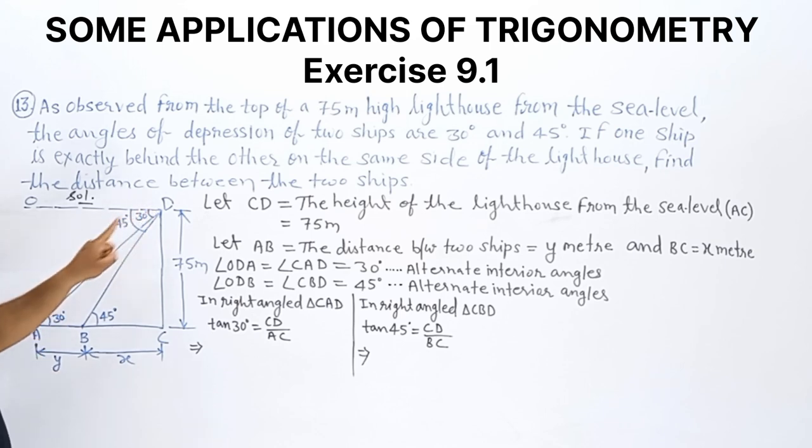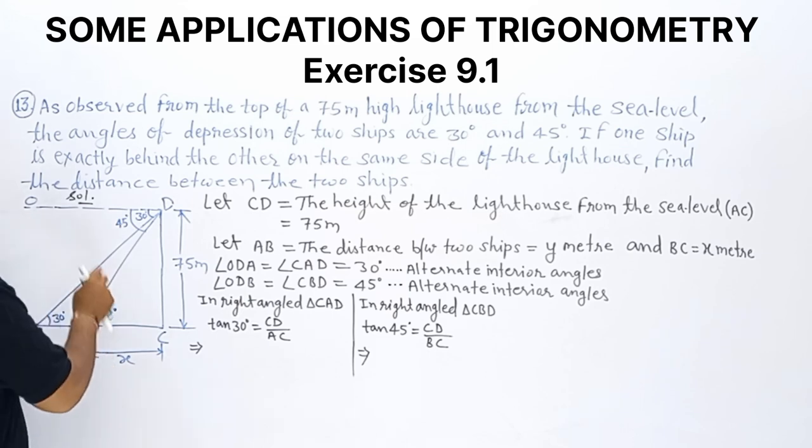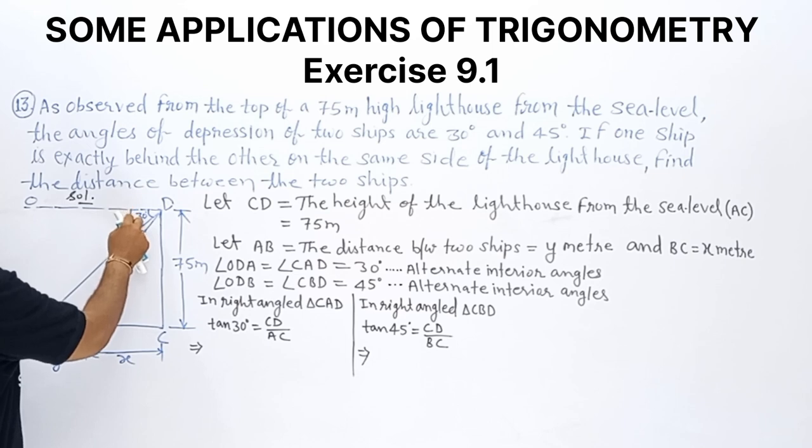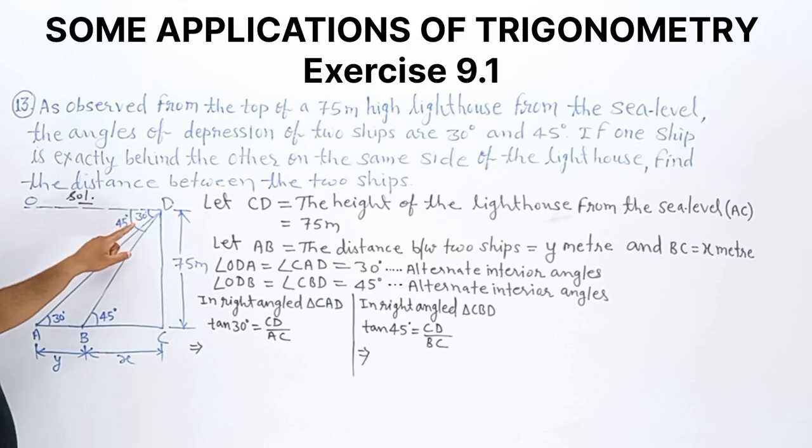This is 30 degrees, so automatically this angle will be 30 degrees, because they are alternate interior angles. Now, considering the transversal BD, this angle will be equal to this one. Why? Because two straight lines are there and this is the transversal. Again we get alternate interior angles, and we know well that alternate interior angles are equal.